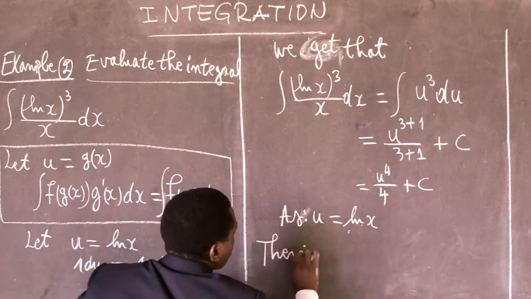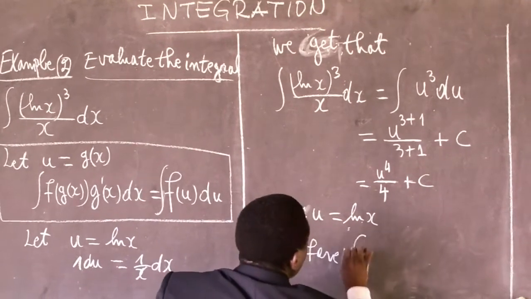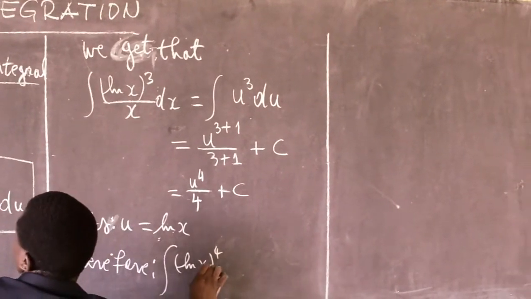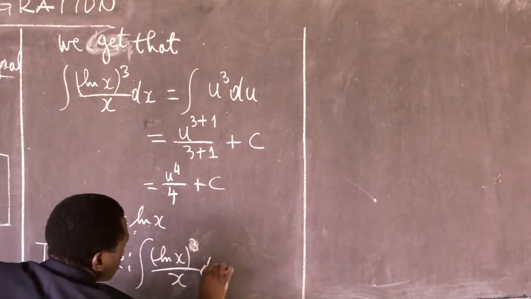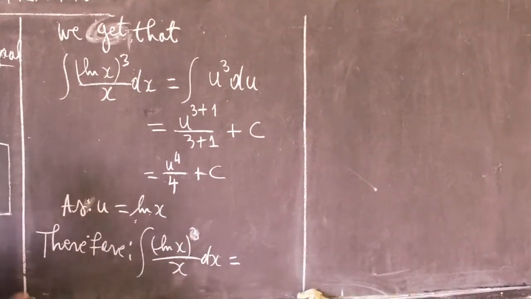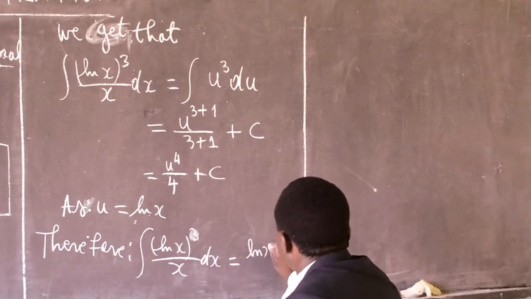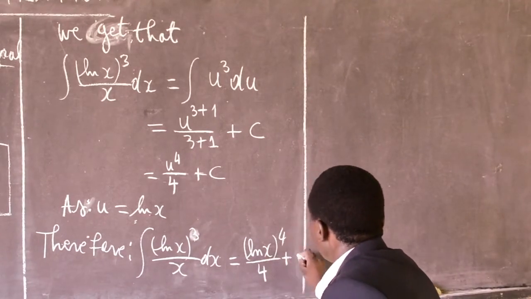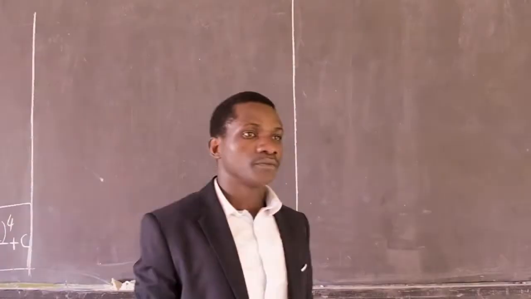Therefore, the integration of (ln x)^3 over x dx is equal to (ln x)^4 over 4 plus c. This is our final answer.